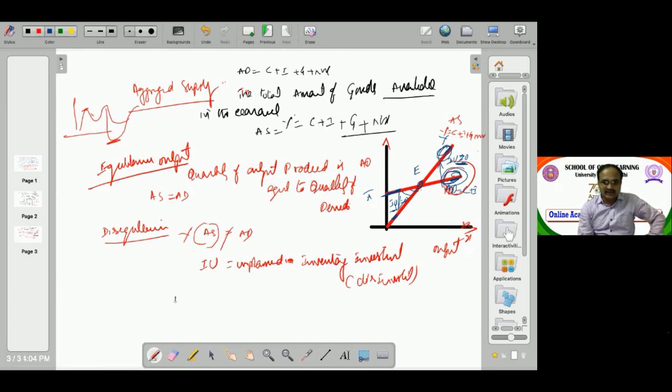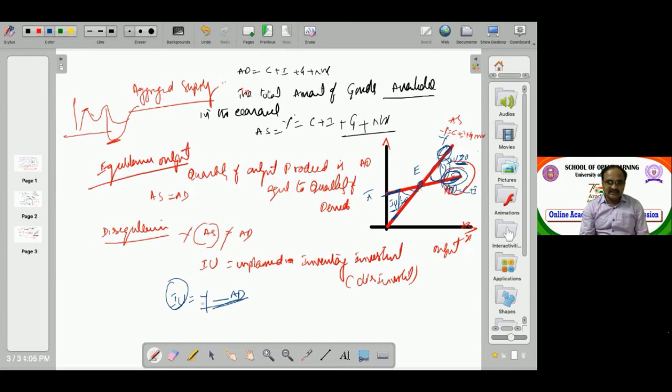What is that IU? You can get it from the availability of output Y minus aggregate demand. Got it? So the total level of output Y minus AD, the difference between Y and aggregate demand, is IU. That means the difference between demand and supply is IU only. IU means disinvestment.